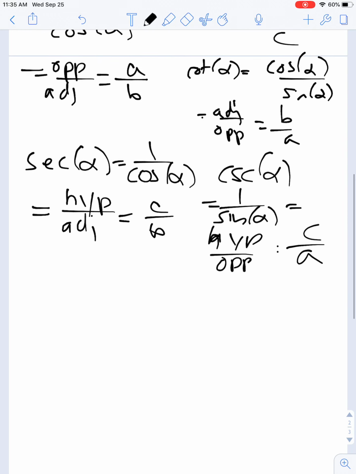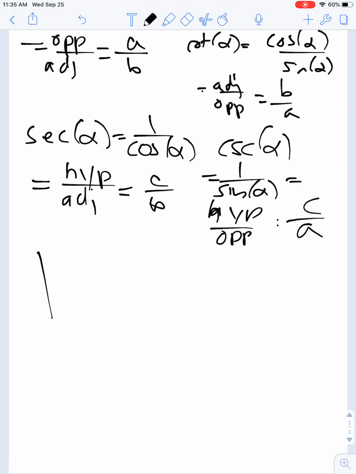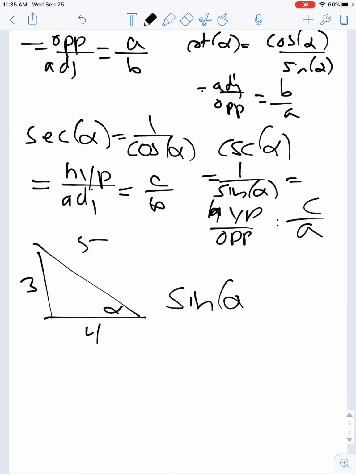So if we have, for example, a 3, 4, 5 triangle, it gives us some alpha. So 3, 4, 5 right triangle, this is not to scale. I know that sine of alpha is 3/5. Cosine of alpha is adjacent over hypotenuse, 4/5.